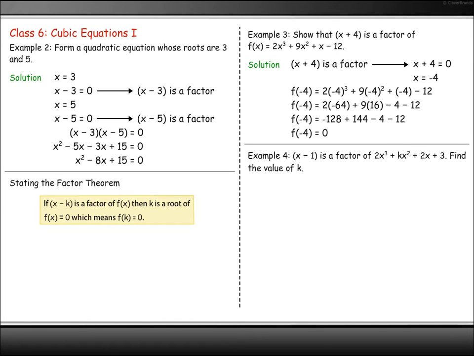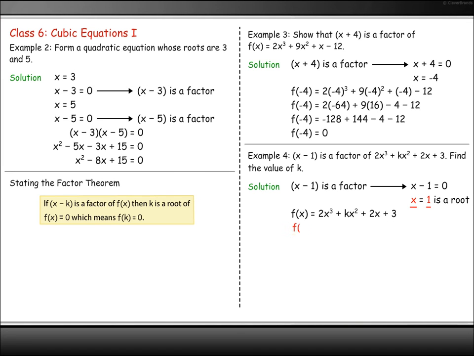Example 4. X minus 1 is a factor of 2x cubed plus kx squared plus 2x plus 3. Find the value of k. If x minus 1 is a factor, then x equals 1, which is a root. Call the cubic function the f of x.